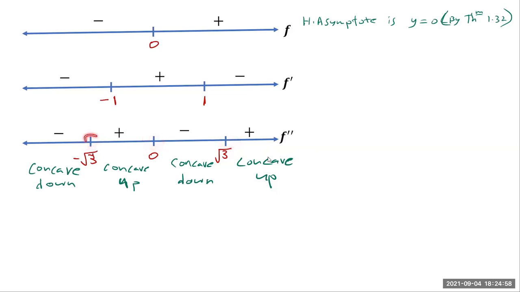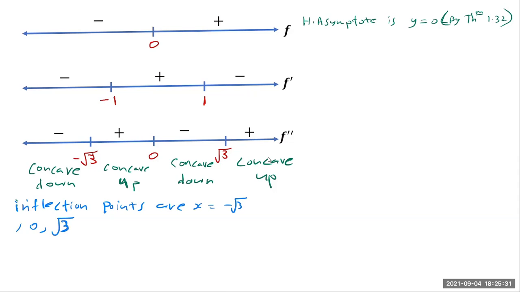That means these are inflection points. The inflection points are x is equal to minus square root of 3, 0, and square root of 3. Those are the 3 inflection points.